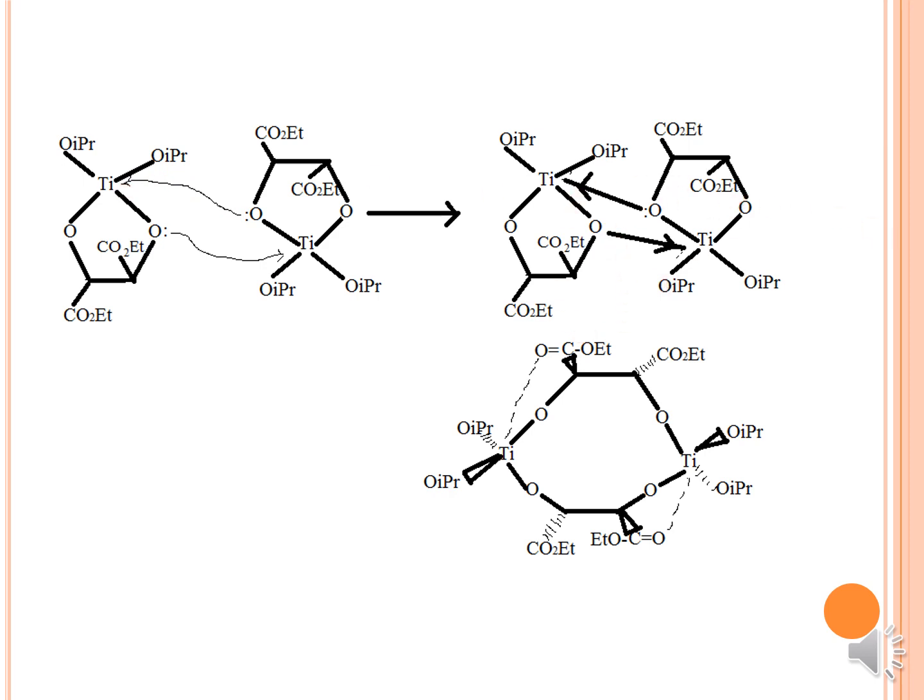First you are showing the linkage, and after the formation of this linkage, as in the crown ethers, you have studied the crown ethers, right? This will go and attack the titanium, resulting in this crown ether structure. You have to show here, stereochemistry will play a very important role. Remember this always.